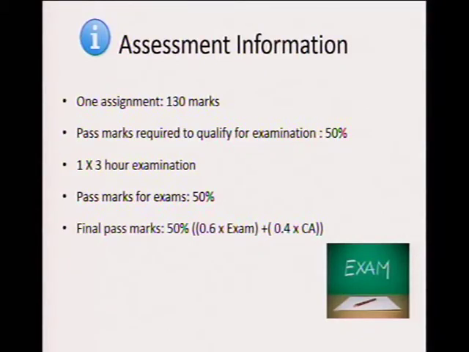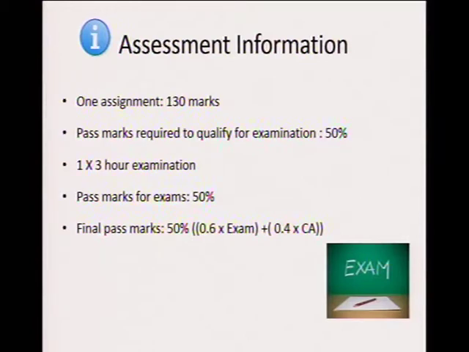The assignment that you are about to do will carry 130 marks, which will be passed when you get 50% or more, and that qualifies you for an exam. You can choose to write in April or in August; I suggest April. The earlier the better always.